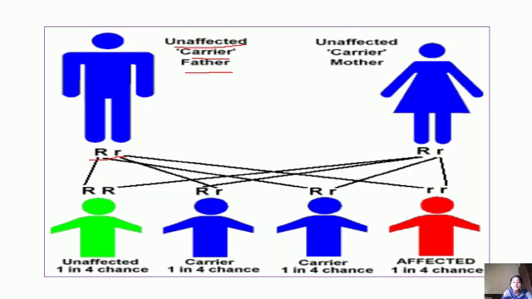So the person doesn't show any symptoms, but is just carrying the allele. Similarly here, it's an unaffected carrier mother. The mother is also not showing any symptoms because it is a heterozygous condition carrying only one small r.